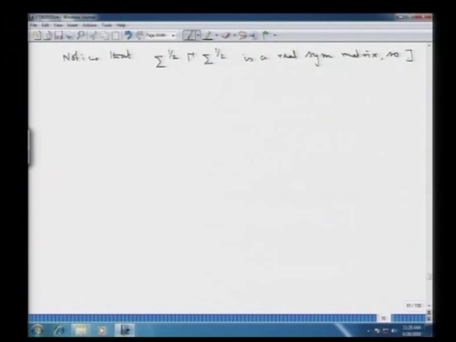So, there exists an orthogonal matrix H, say, such that H sigma half gamma sigma half H transpose is given by a diagonal matrix lambda 1, lambda 2, lambda m, which we denote by a capital Lambda.